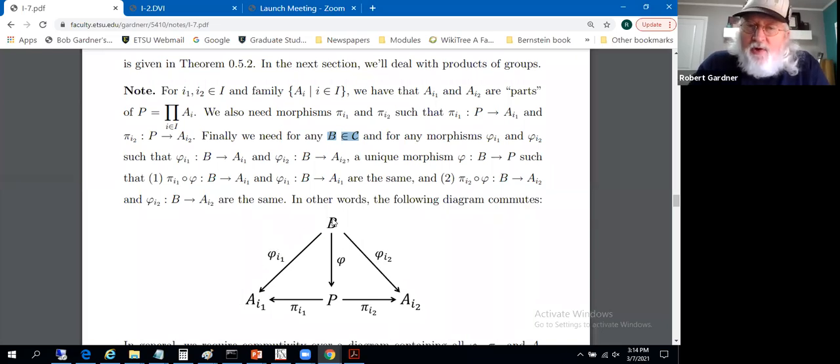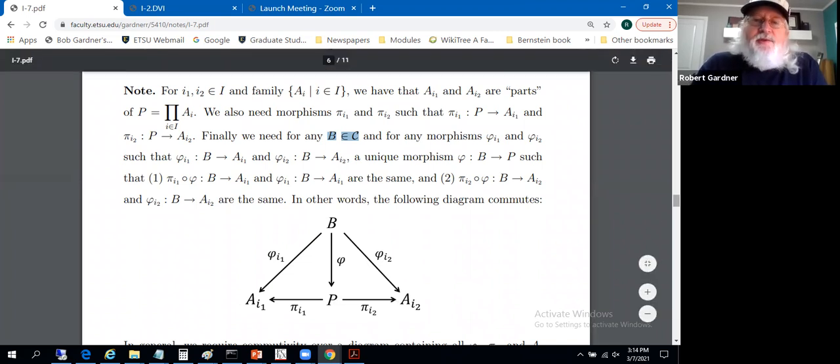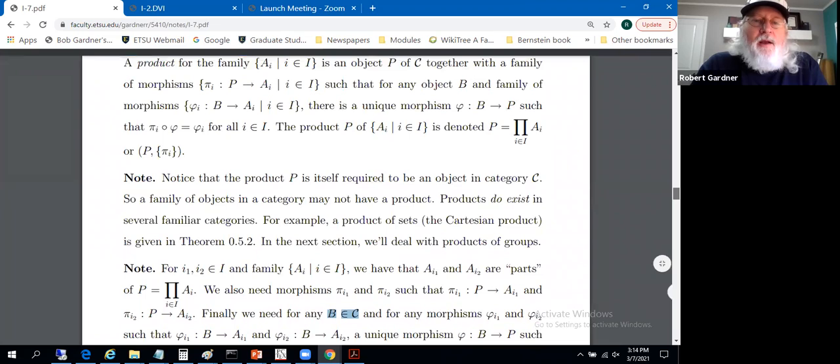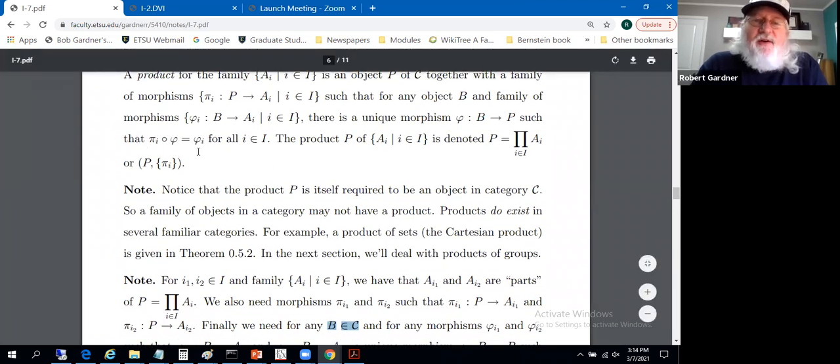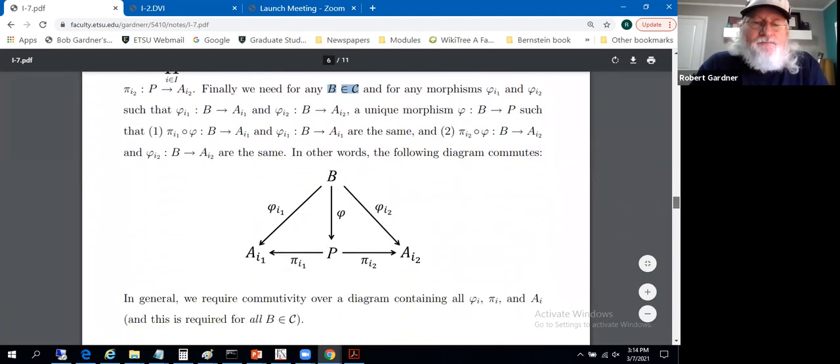And similar behavior over here. You're requiring commutativity of this diagram. That's what this composition stuff means. So ultimately, this composition stuff is some kind of commutative diagram stuff.